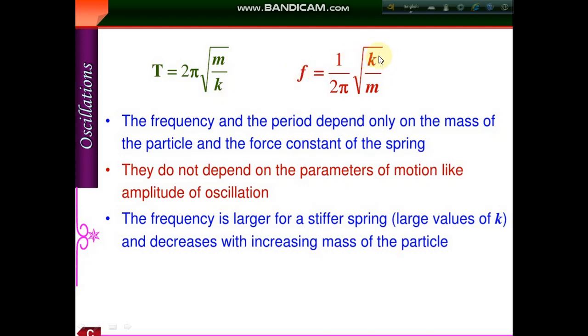If k is large, then the frequency will be large, and if the mass of the particle increases, the frequency will decrease, because frequency f and mass m are inversely proportional. If m increases, f decreases, but if m decreases, f increases.